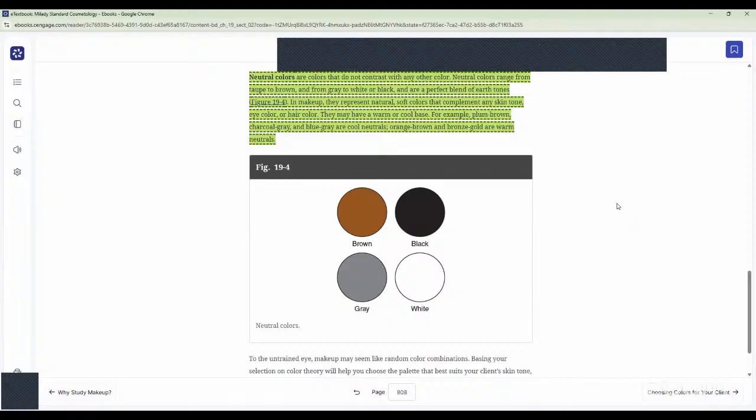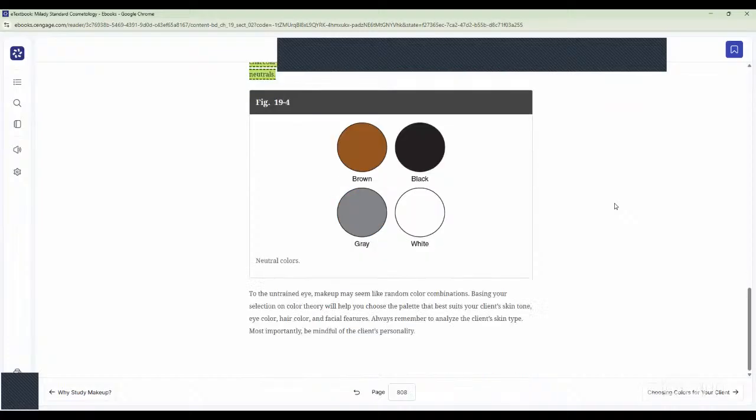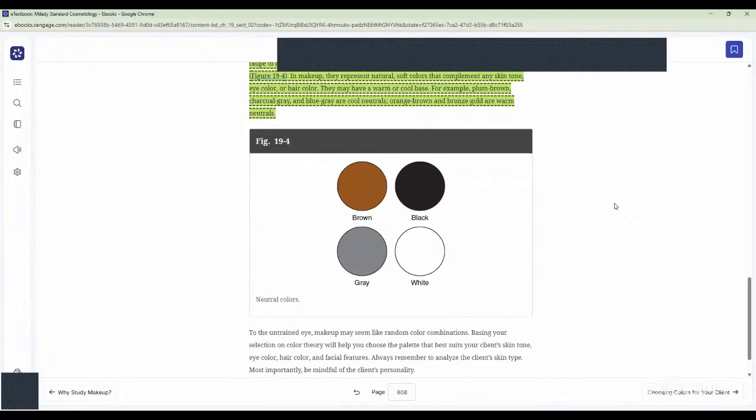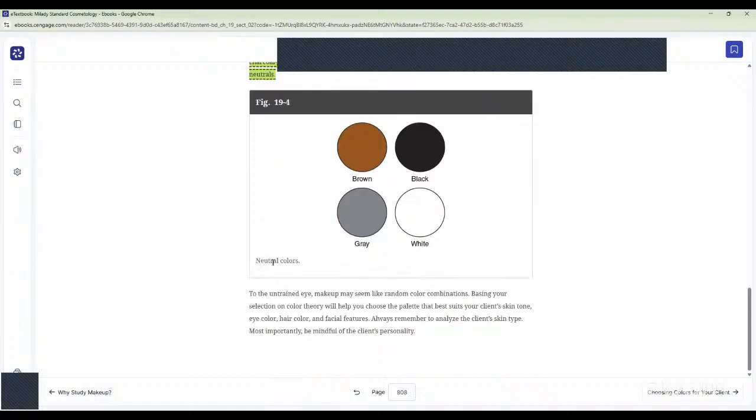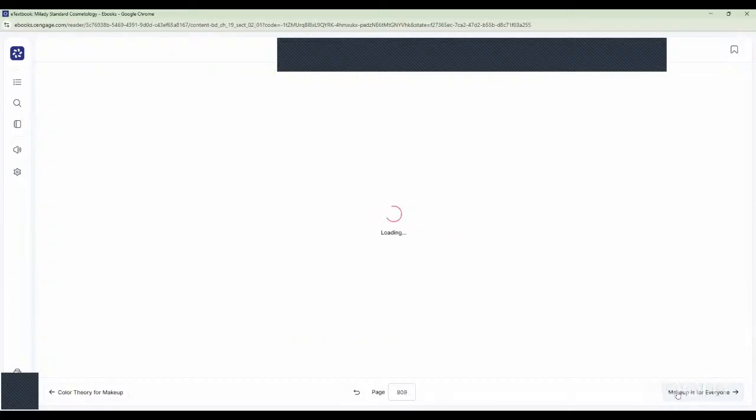So when someone is saying soft glam, or someone who doesn't wear makeup says, I want to keep me neutral, they have this makeup look without saying a whole lot. So to the untrained eye, makeup may seem like random color combinations, but everything is literally put together so you can analyze and conceal the things you don't want.